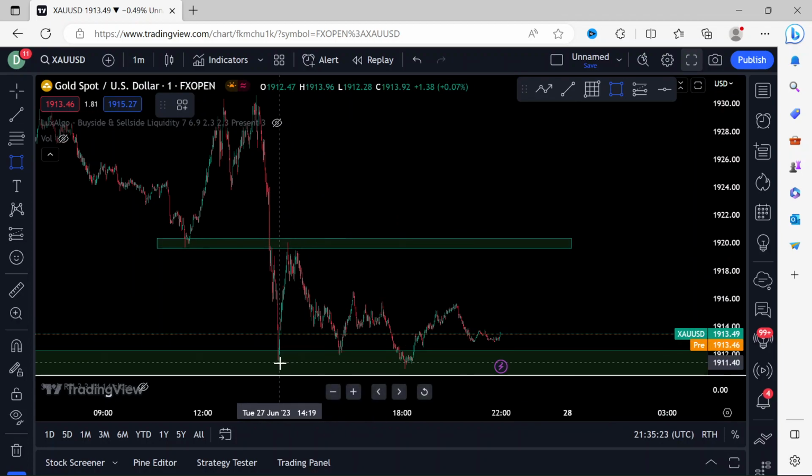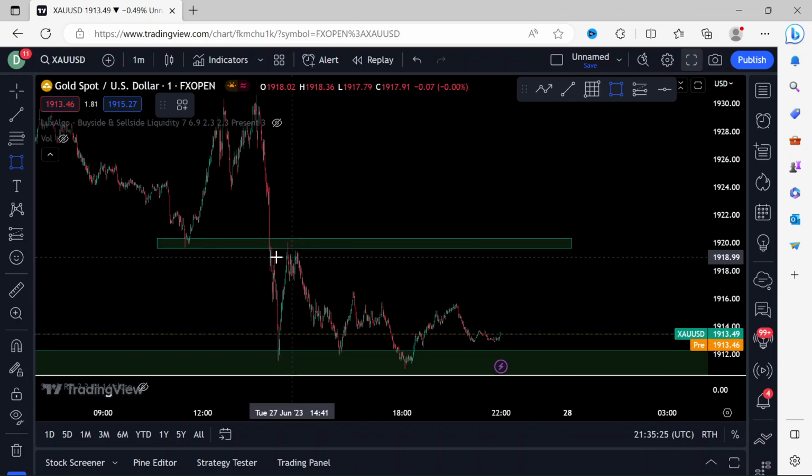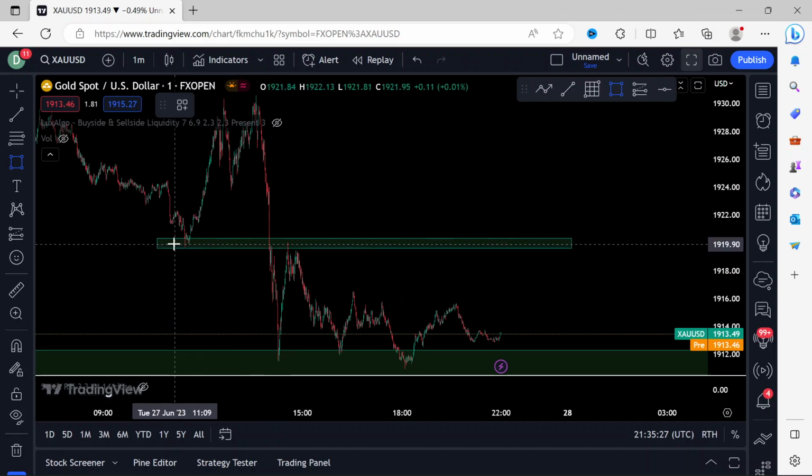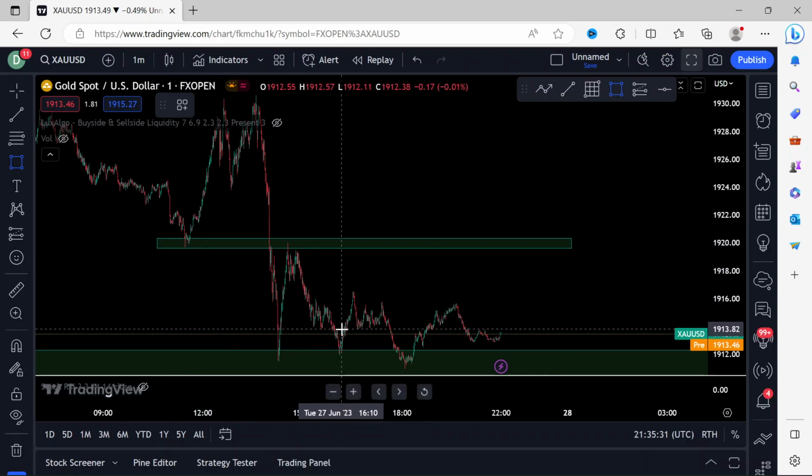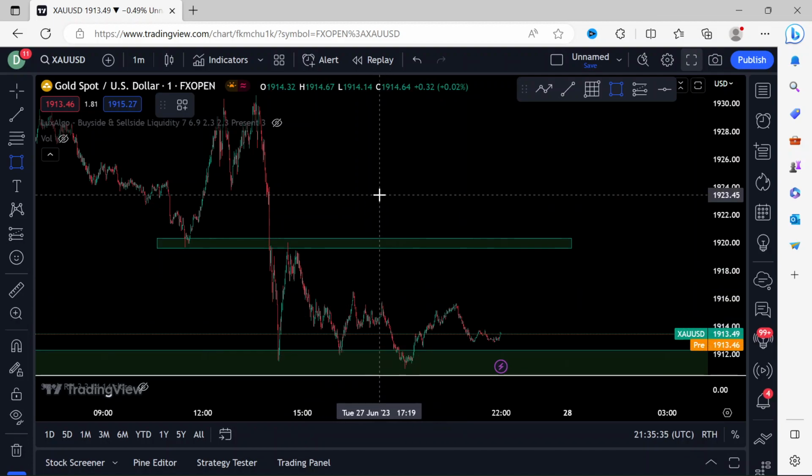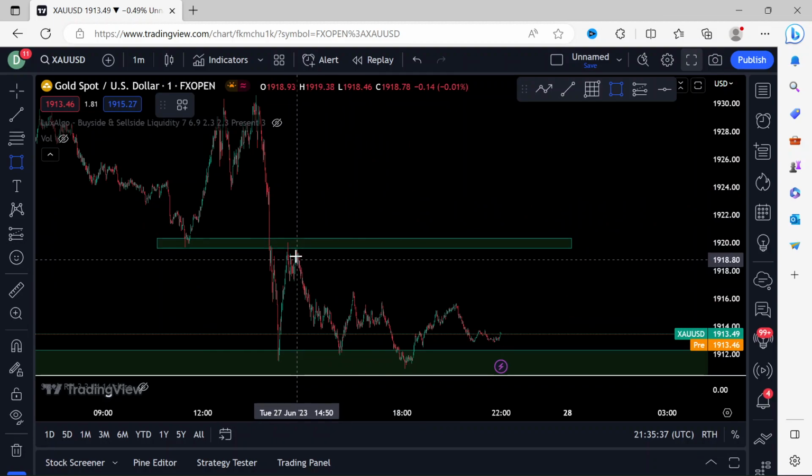So we can see price went up, but then due to this significant support and resistance zone, price came back. We have a retest though, but we need a change of structure to break this particular high.